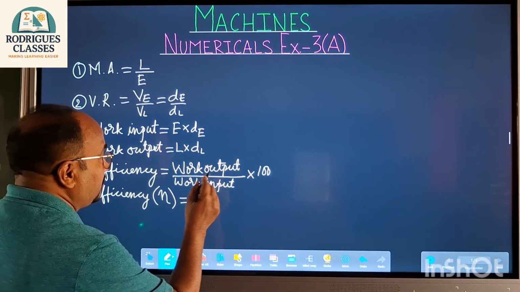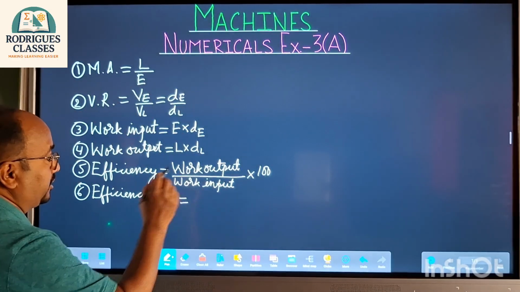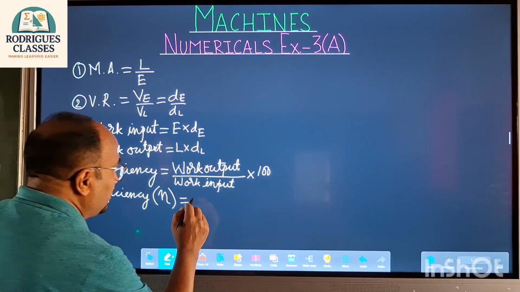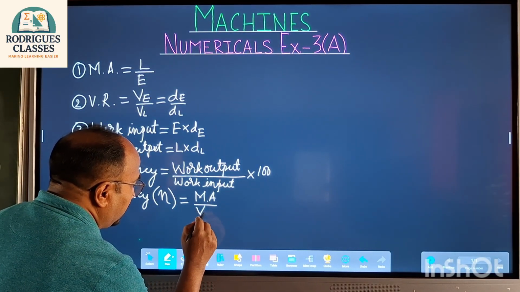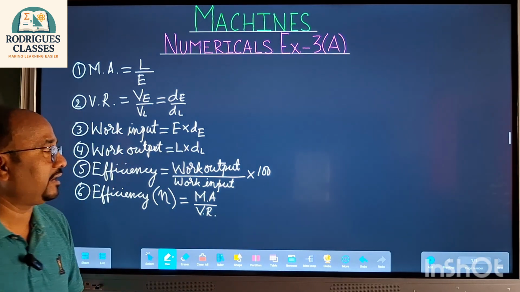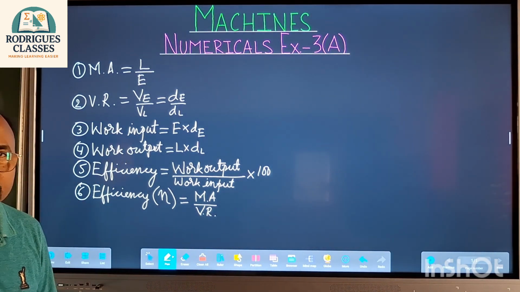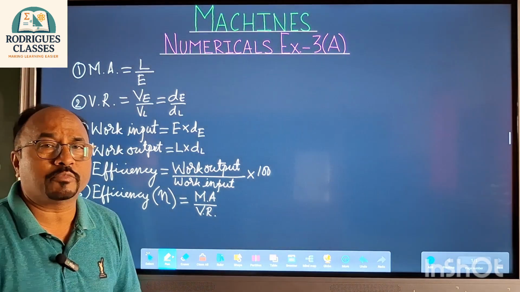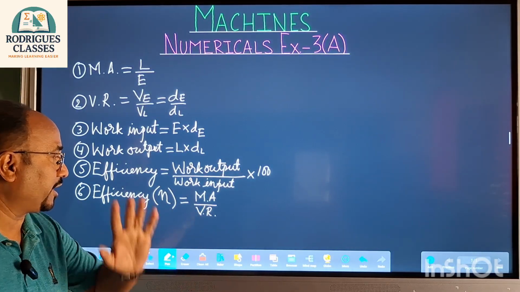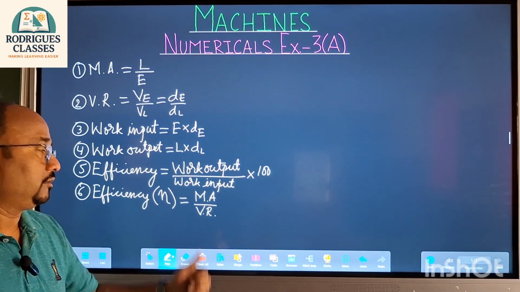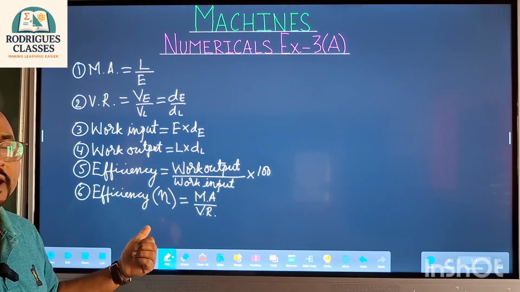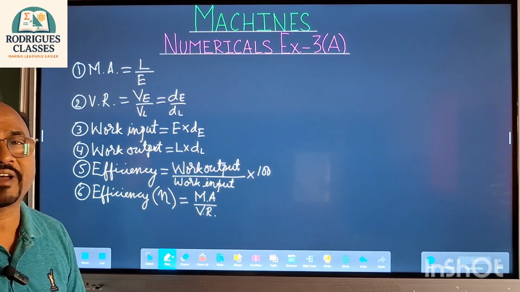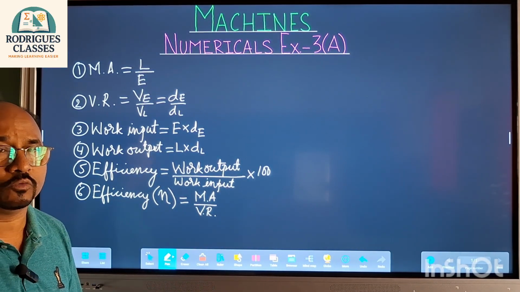If I apply these formulas and simplify, I will get efficiency as mechanical advantage by velocity ratio. If it is required to be brought in percentage, then you can multiply this with 100. I will not show another formula based on this by cross multiplying, because you can substitute the values of the known quantities and find the unknown one.